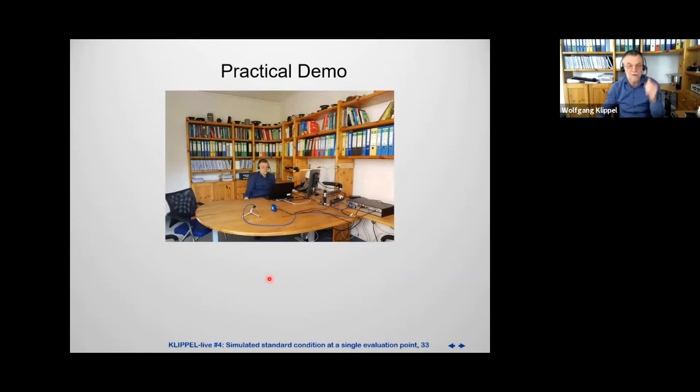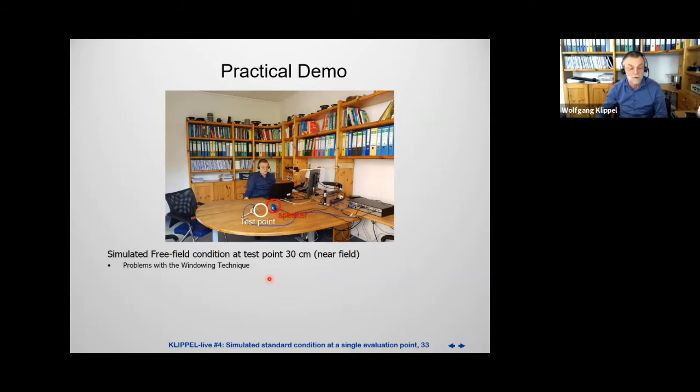Okay, now it's time for the practical demo. Sorry for being a little bit late, but it's such an interesting topic and there are so many opportunities for applying this technique. So I made all those slides. This is again here our room. That's our measurement point. I have spoken about that. And Christian will start with a free field condition at 30 centimeters.